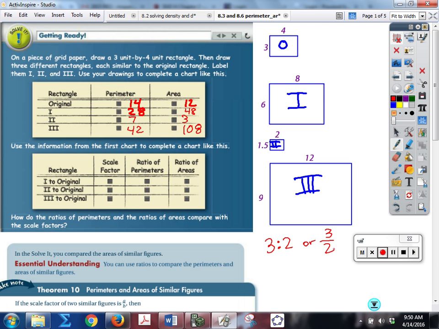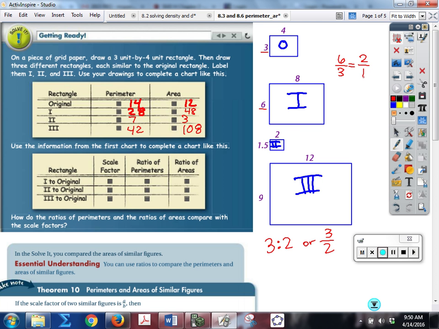I just have to do the sides that go together. Here's 6 and 3. So you'll want to simplify it. So you would get the scale factor is 2 to 1.